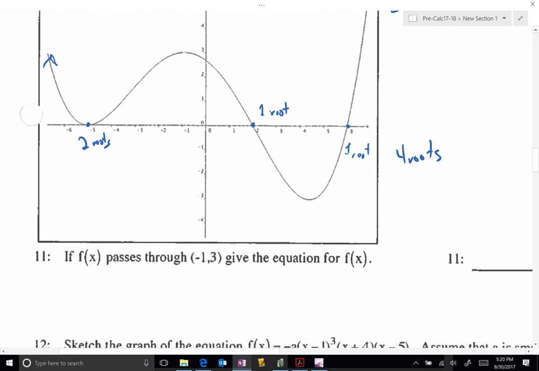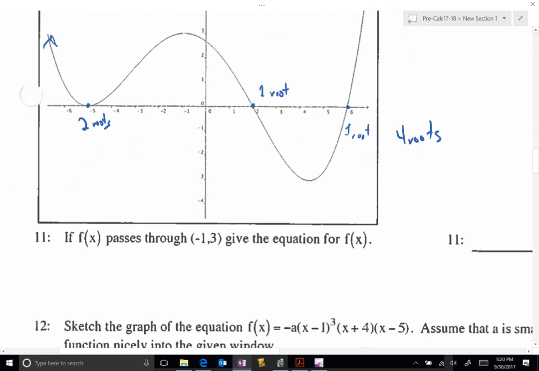Question 11 says if f of x passes through -1, 3, give the equation for f of x. Well, we have our roots, and so we could start our equation like this. f of x equals, and we have x plus 5, and that's a double root, so we have squared there.